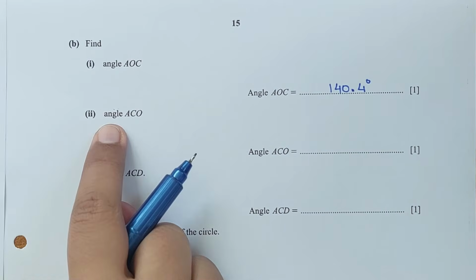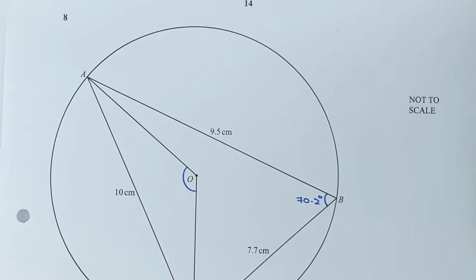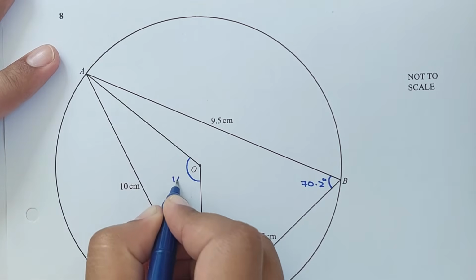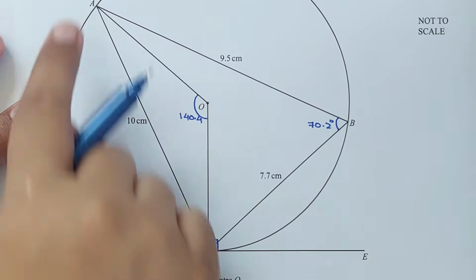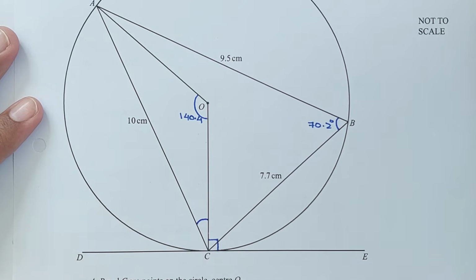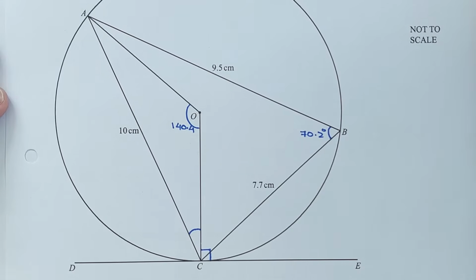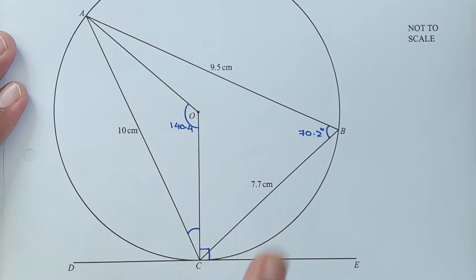Right. Number 2, find angle ACO. Where is ACO? A, C and O. Let me write this down. This is 140.4. Okay, and the next is A, C and O, this angle. All right, we have to calculate this angle. So as you can see, OA, OC, these are the radius, both are the same.